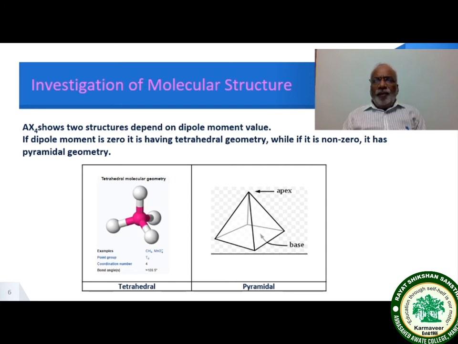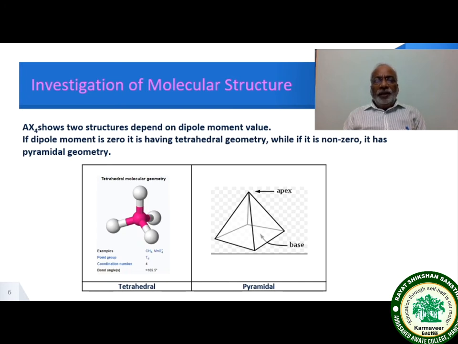But the same type of molecule, AX4, also exists in another geometry, known as pyramidal geometry, in which A is at the apex of the pyramid and X is at the four corners in one and the same plane, which is considered the base of the pyramid.